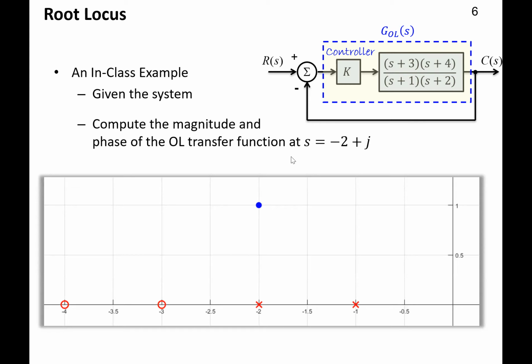So the magnitude would be 2.2361, I believe. No, I'm just looking for the pole. I just want to know what this magnitude is and the angle that magnitude has to be at to go from here to here. So just that number right there. Oh, okay.